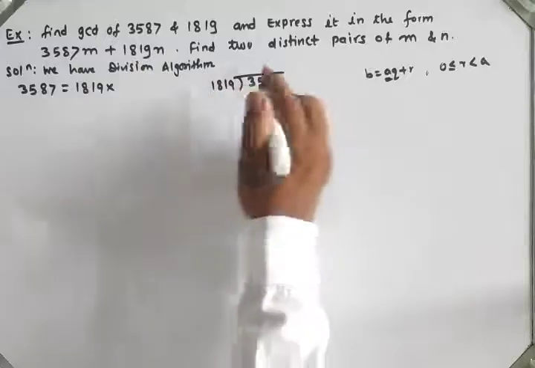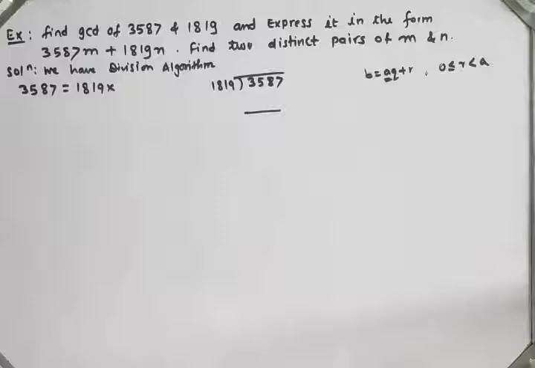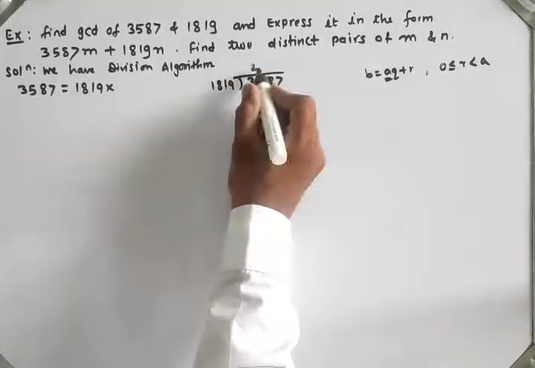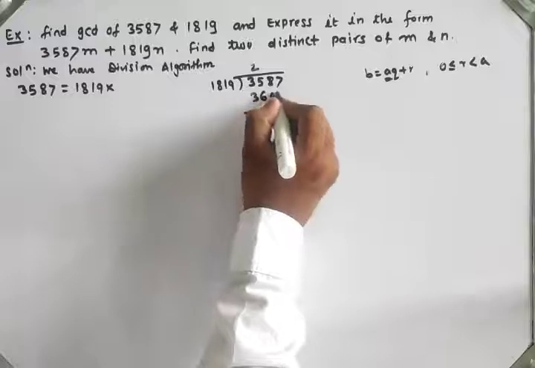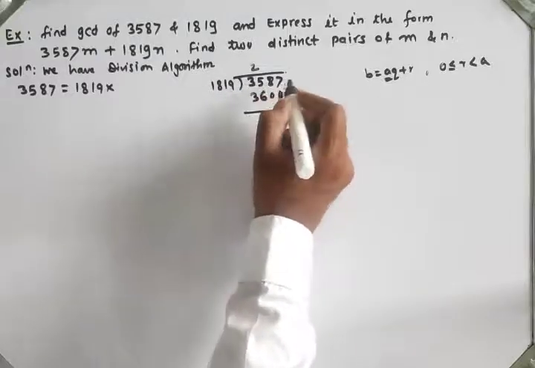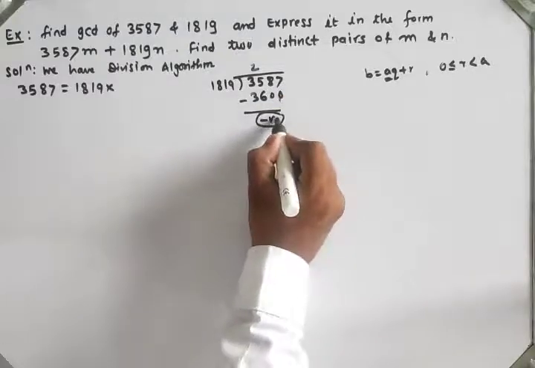So what will be the quotient? If I take quotient 2, then the multiplication is 3638, and 3587 minus this gives a negative remainder.